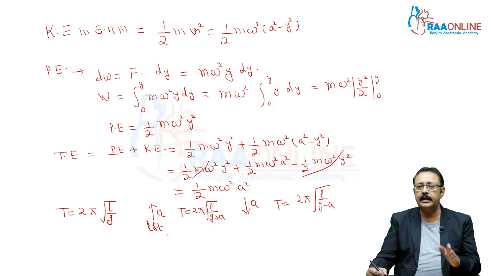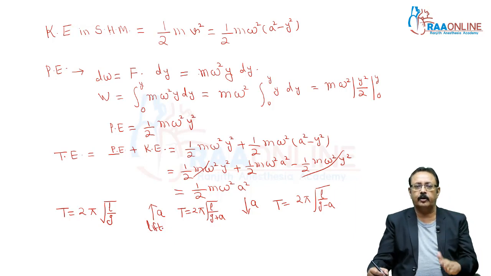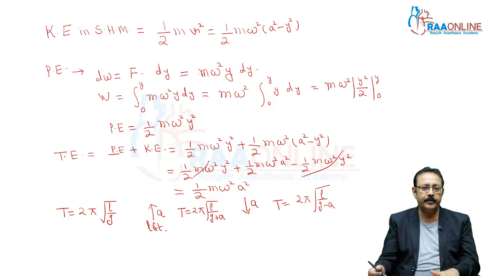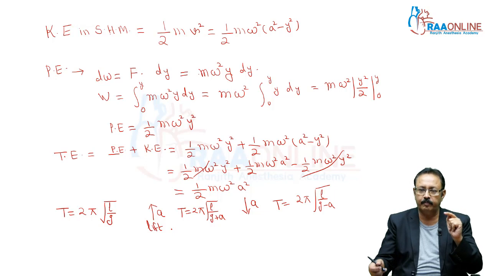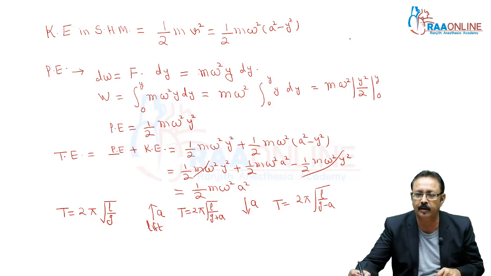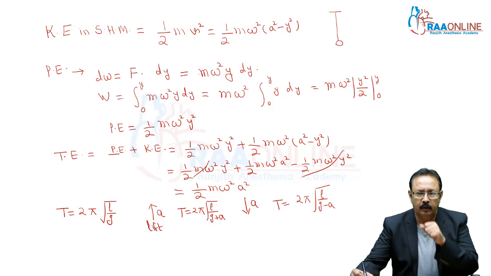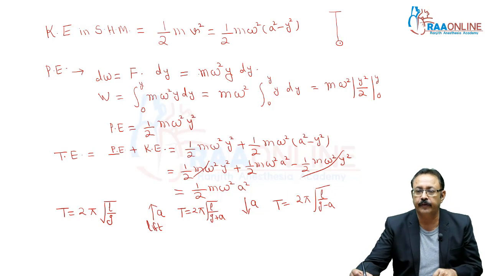What is L? L is the effective length of pendulum, means distance between point of suspension and center of gravity of bob. What we are doing in simple pendulum, we are taking a spherical bob, attaching with a string. It is simple pendulum. So effective length means distance between point of suspension and center of gravity of this.